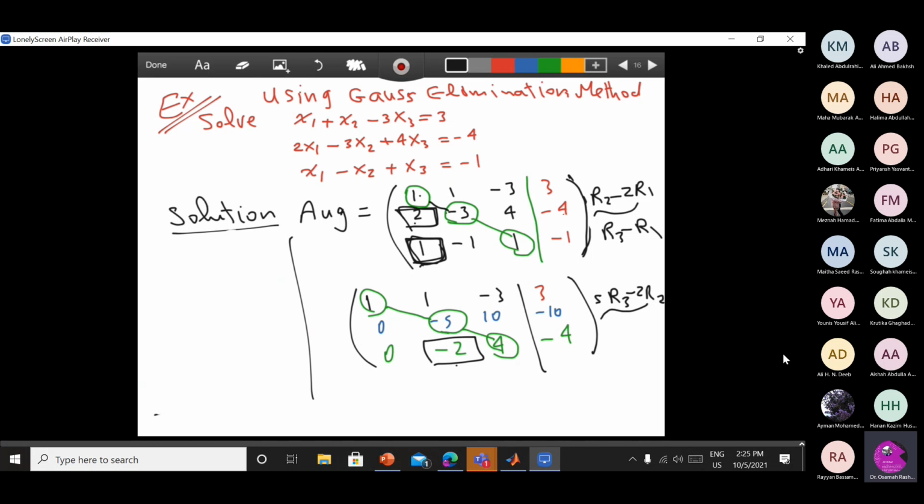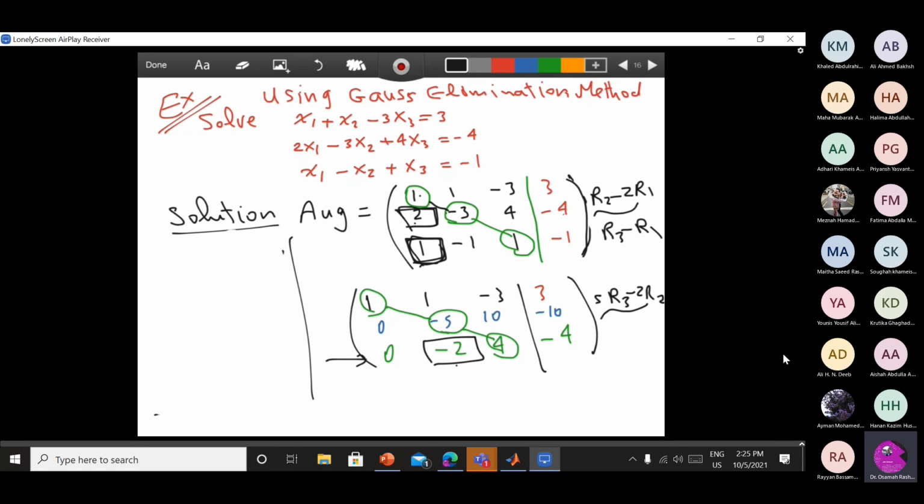I have 5 R3. R3 is 0 minus 5, 10 minus 10. When I multiply it by 5, I will have 0 minus 25, 50 minus 50. Okay. Now minus 2R2. When I multiply, okay, I have made a mistake. 5 times R3 is not this one. 5 times R3, this is R3, right?